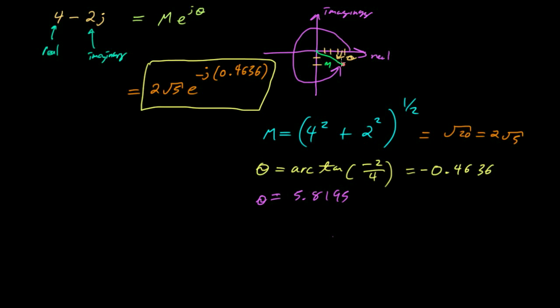It's as if we started at that point and just went completely around the graph. So that is equal to 2 root 5 e to the j 5.8195. And that is also an equally valid way of writing this number in polar form.